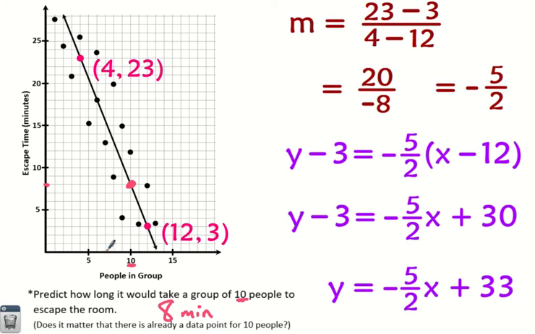Anything that you can just eyeball on your line, and you're making a prediction, that's so easy just by using your graph, okay? You don't really have to use the equation.